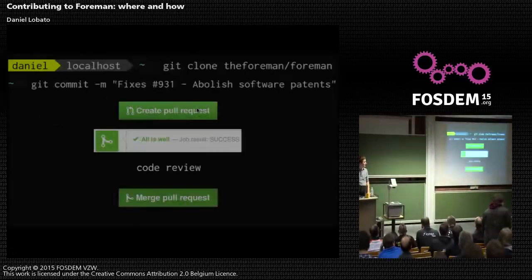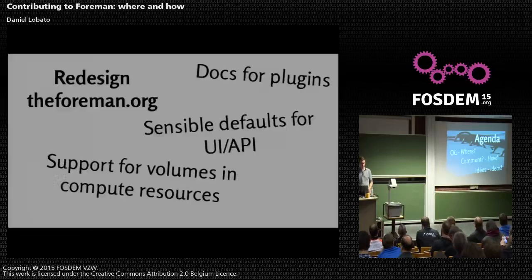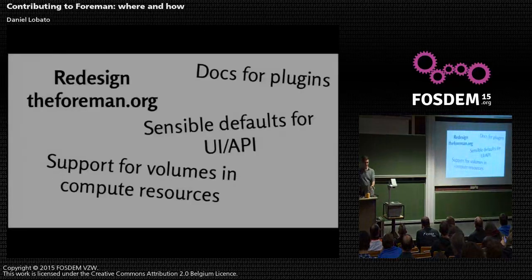Okay, so a few ideas that I'd like to get in, that you guys are looking for relatively simple things to contribute. It's a redesign of the Foreman.org, which looks a little dated already, but it's not only that.